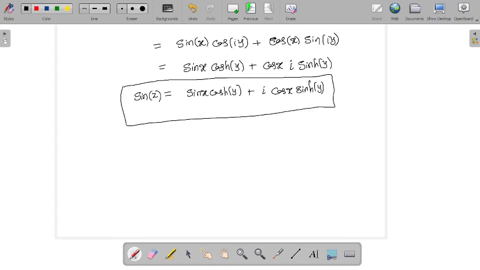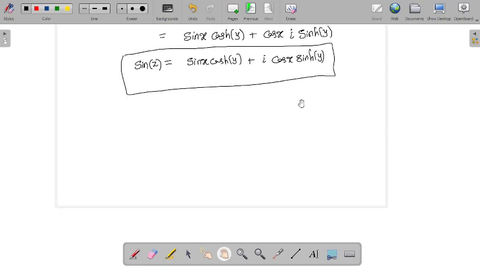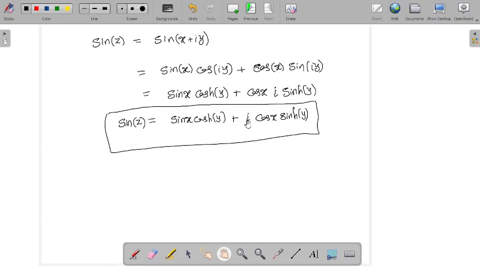So here you can see what u of x comma y and v of x comma y are when you express sin z as u plus iv. This is sin z, and similarly you can do it for cos z.